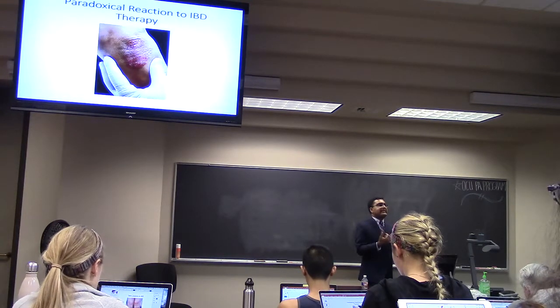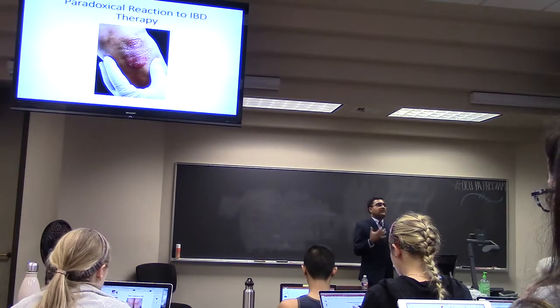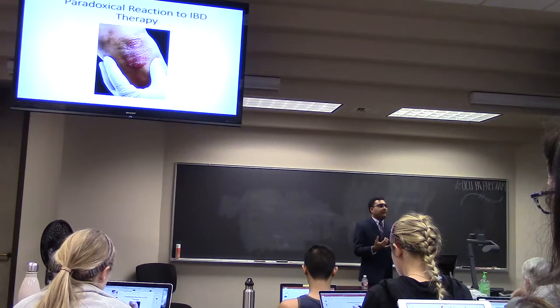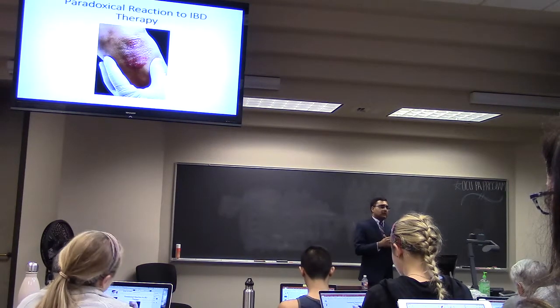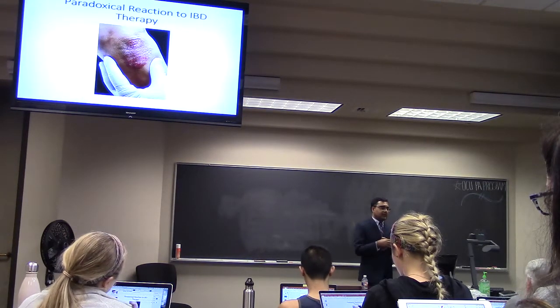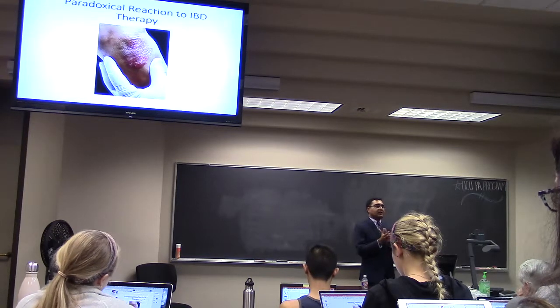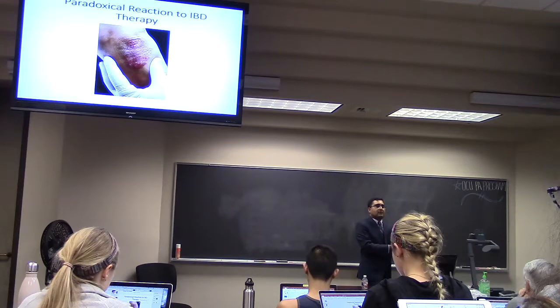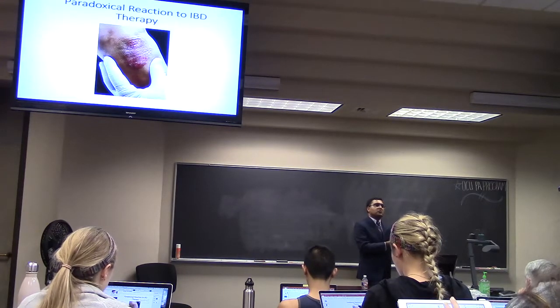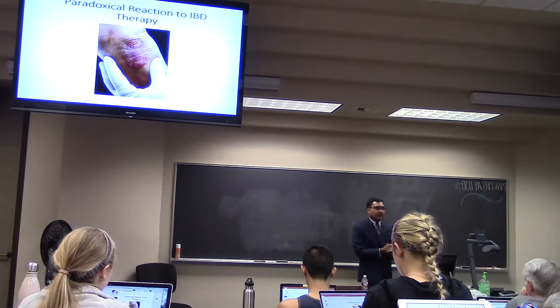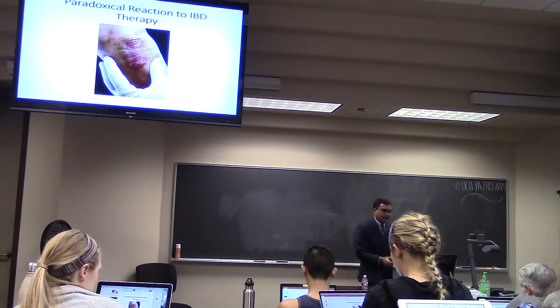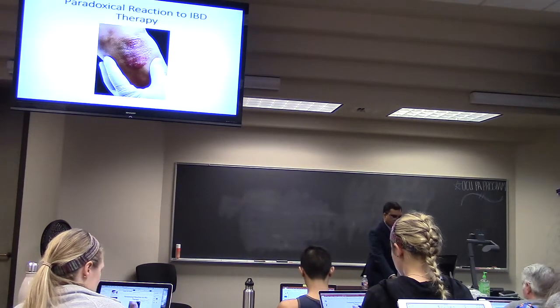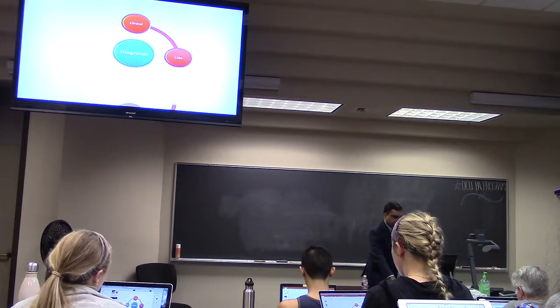We use anti-TNF drugs. You have seen commercials now, Humira, then there is Remicade, Cimzia. These drugs can actually cause, paradoxically, psoriasis. It's very strange because Humira is used to treat psoriasis, but when you use it in Crohn's and colitis, it can actually cause psoriasis. So this is called a paradoxical reaction to IBD therapy.